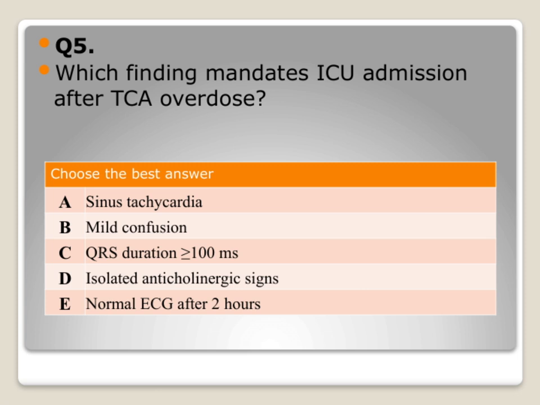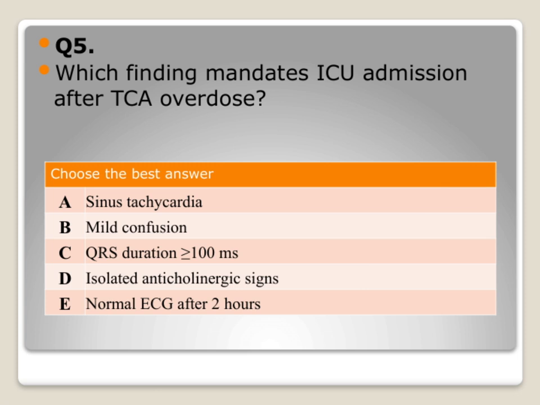The key point here is that we need to identify the most critical indicator of severe toxicity that demands intensive monitoring and possibly aggressive intervention. Among these options, a QRS duration of 100 milliseconds or more stands out as the most concerning. This finding indicates significant cardiac conduction delay, which can lead to life-threatening arrhythmias.